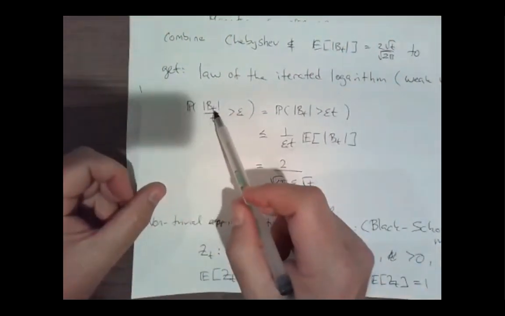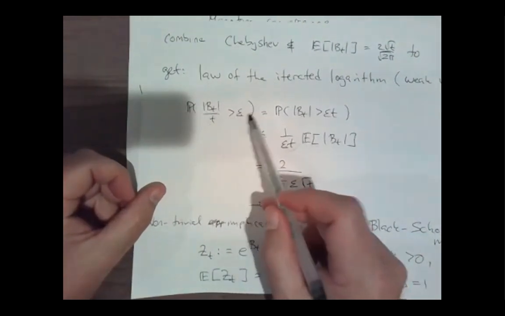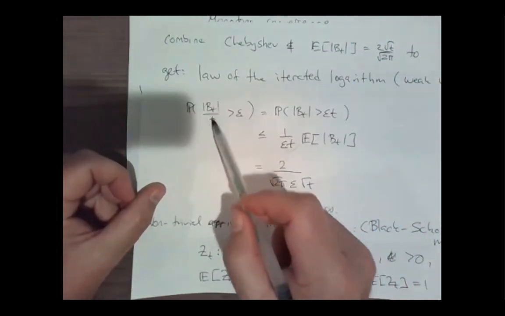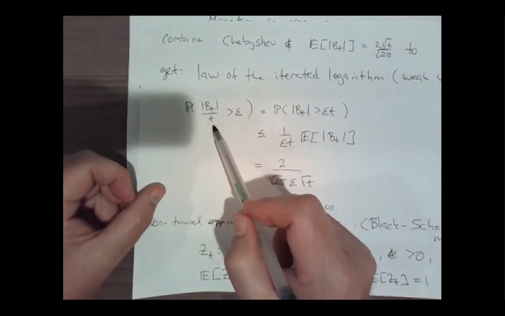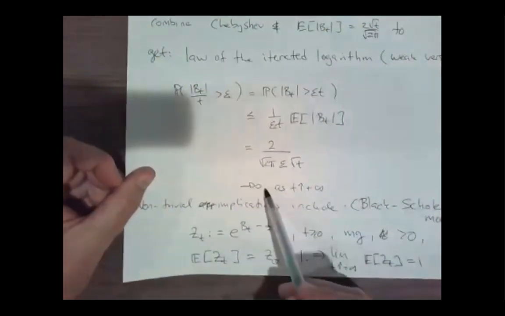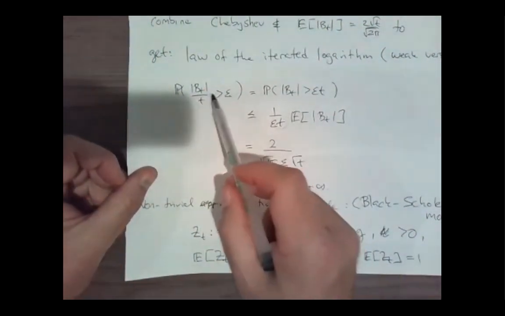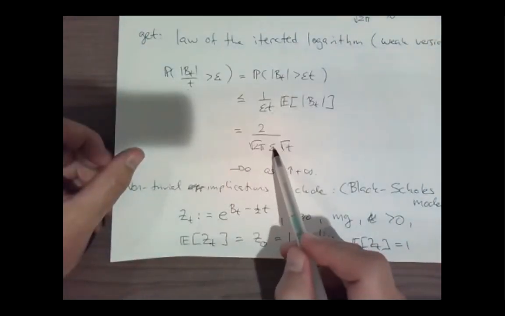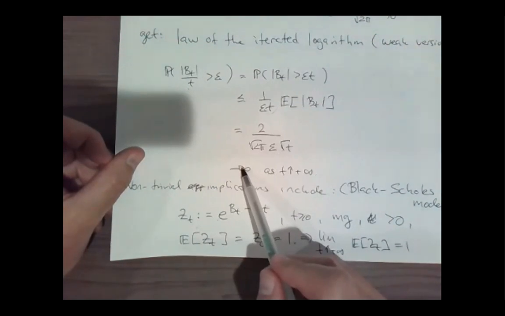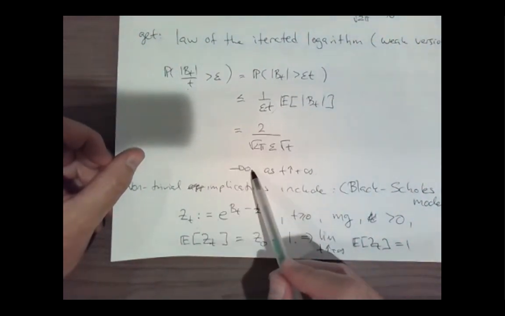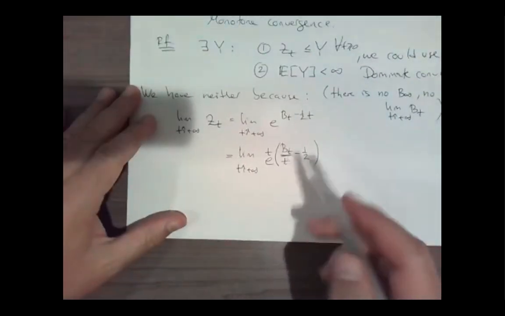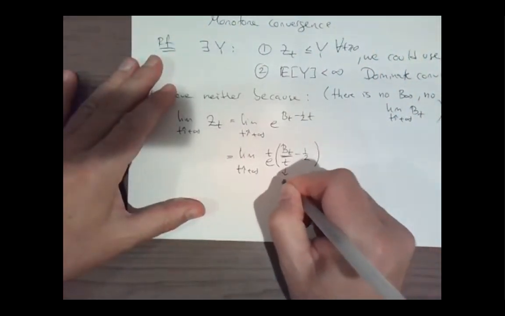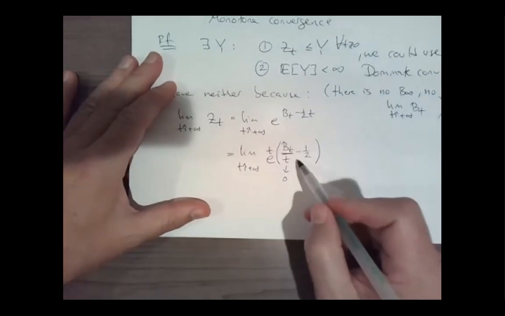Give me any epsilon, strictly positive. The probability that B_t over t is bigger than epsilon is going to go to 0. So this ratio is going to go to 0.